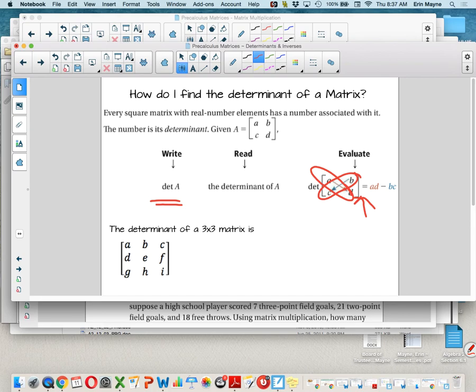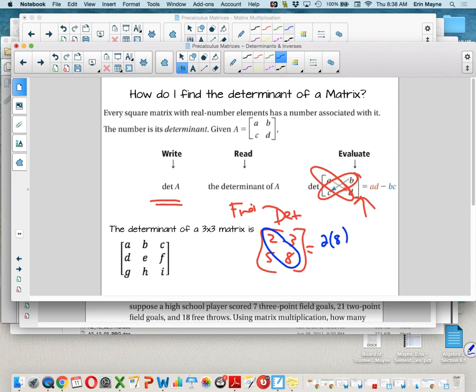So, we're going to ignore this bottom left portion for right now. And right now I want you to find the determinant of, I'm going to keep it super simple, 2, 3, 5, and 8. Literally it is this simple. This is considered an A, B, C, and a D. I'm going to have a determinant of this square matrix simply by taking the product of AD, which is what?